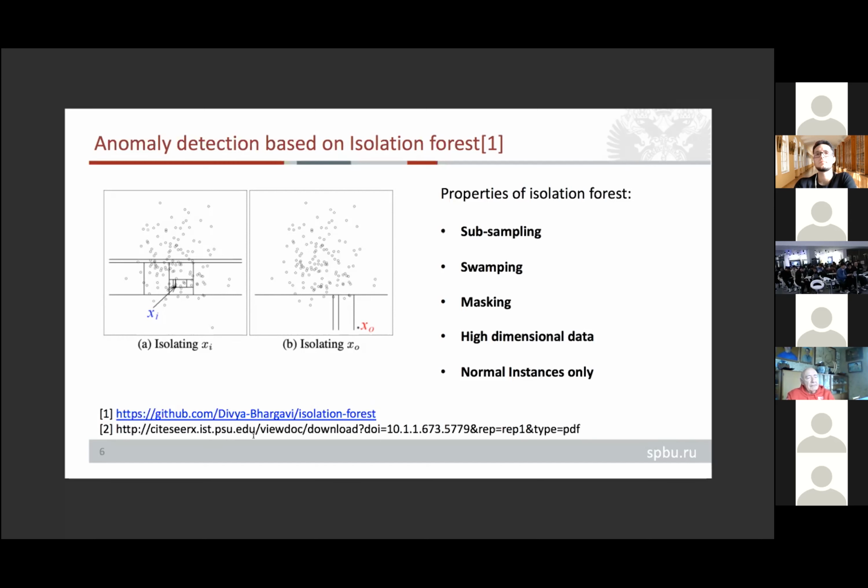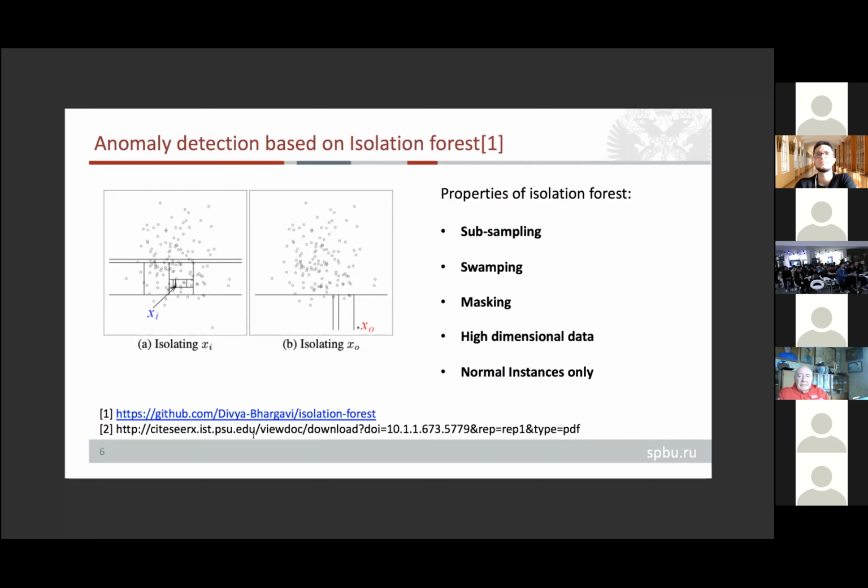Actually, all of these properties happen in all AI algorithms, because when we obtain the data set from reality, we can't guarantee that the data set is good enough for the model.